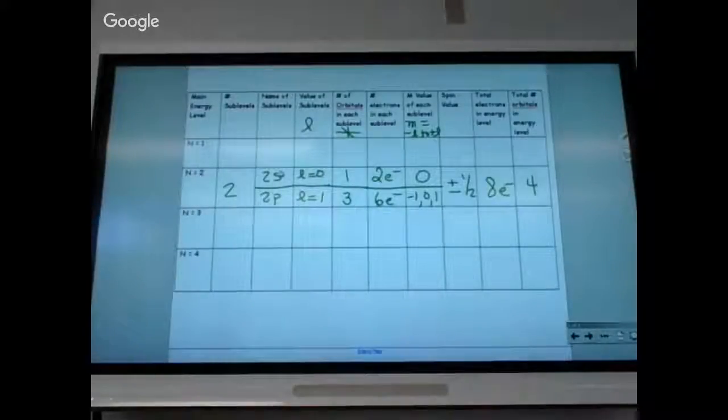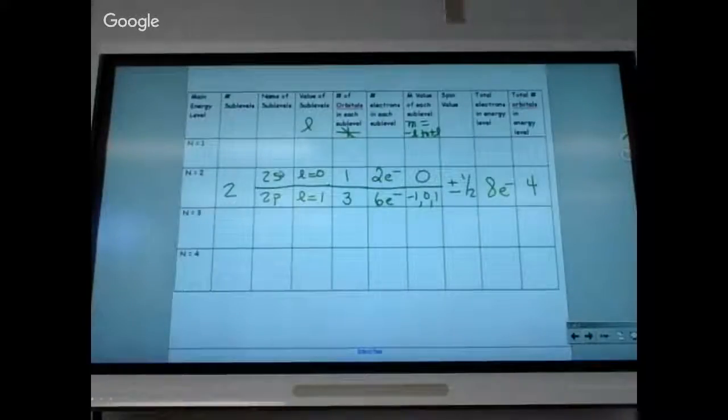So how many orbitals do you have here? So how many do you have total? Show me the chart.